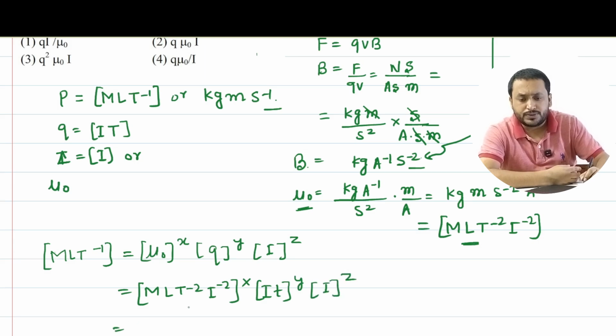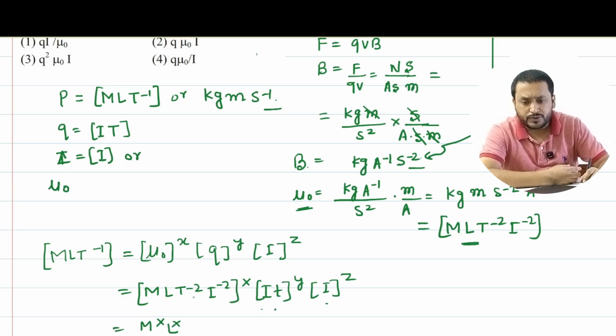So if we further solve it, it turns out to be m to the power x, and L is only to the power x, but we have a lot of t here, you can see, I times t.